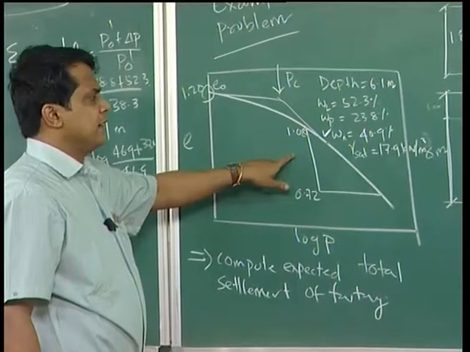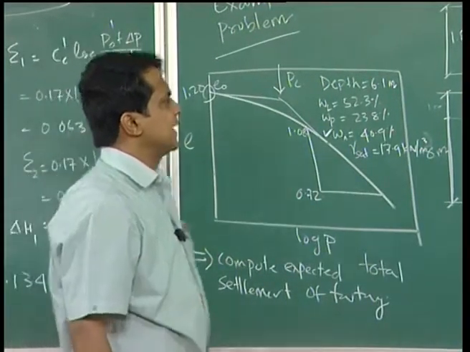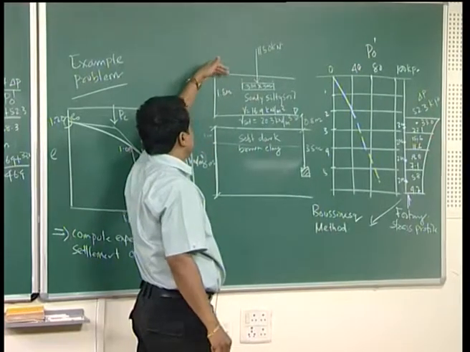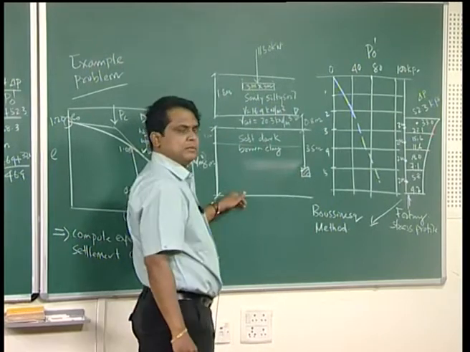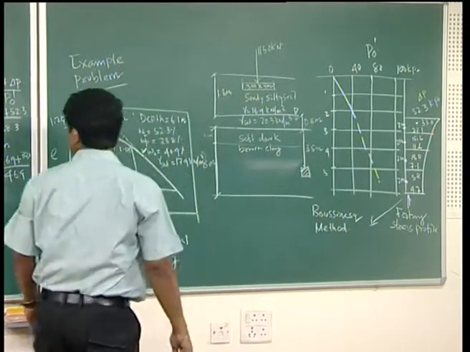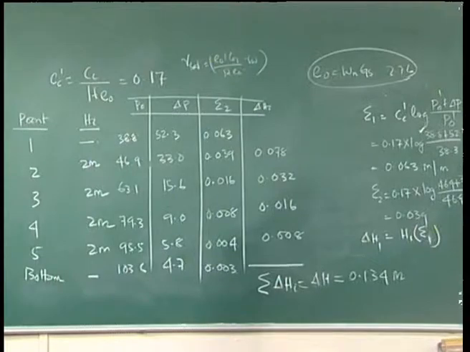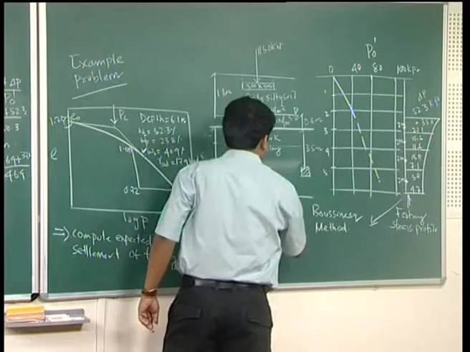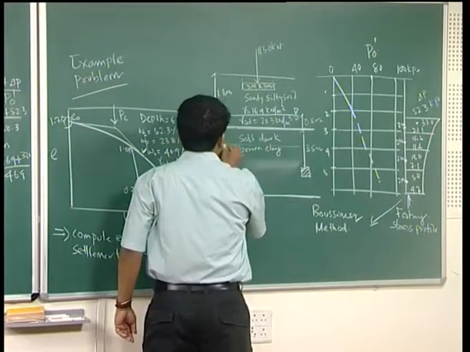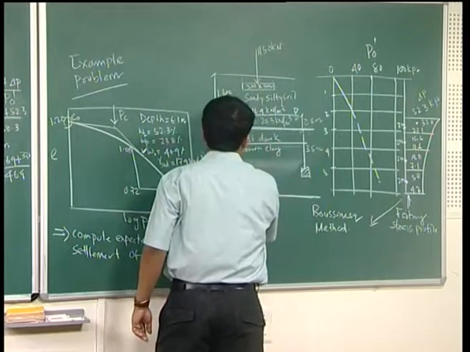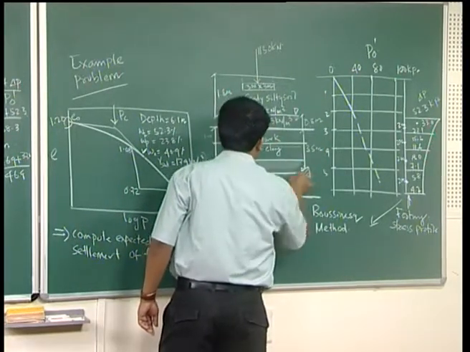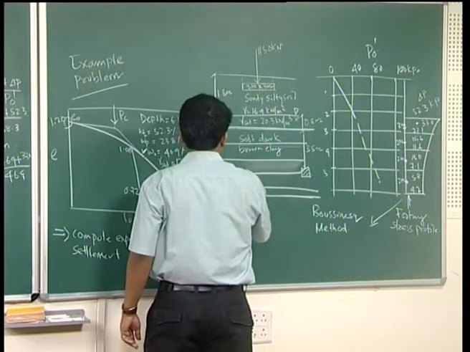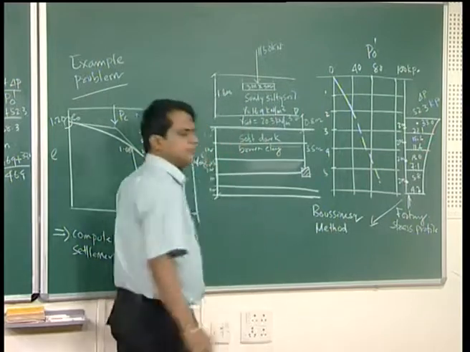Once you get gamma saturated, the second step is to find out P0 prime, the overburden pressure from here to here. I have shown the calculations here, because this is a clay layer where the consolidation settlement is going to happen. So, this clay layer has been divided into equal layers of 1 meter.